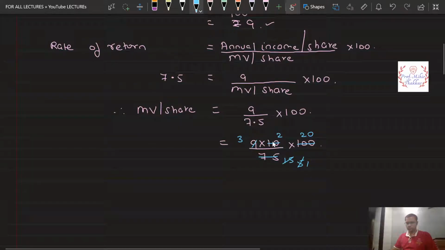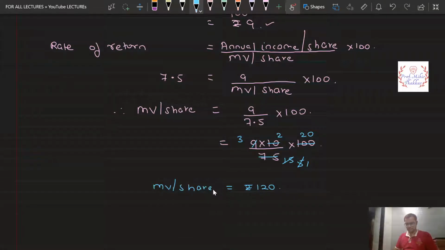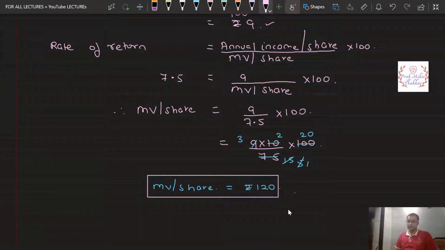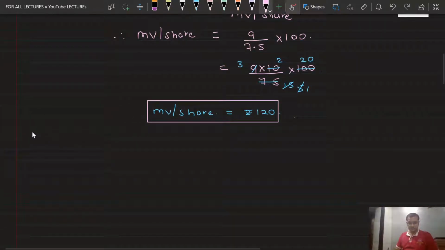So 3 into 2 gives me 6, 6 into 2 gives me 12, so the answer is rupees 120. So we are ready with the market value per share, which is rupees 120.